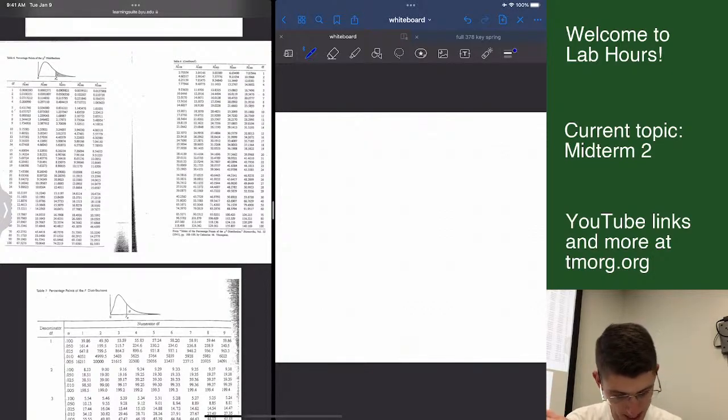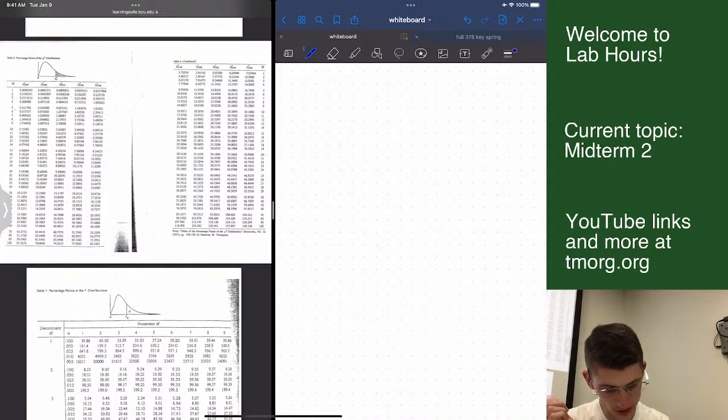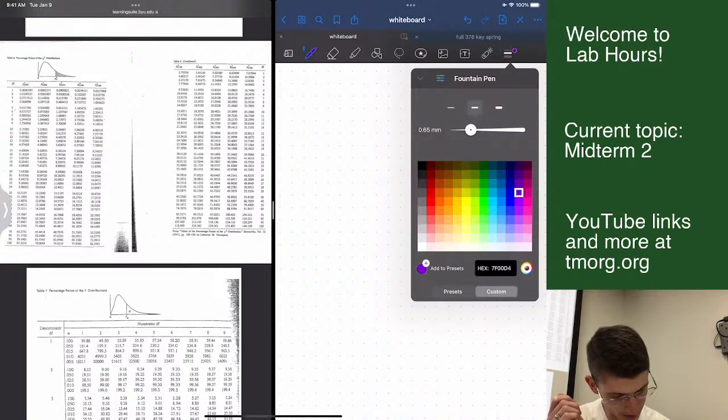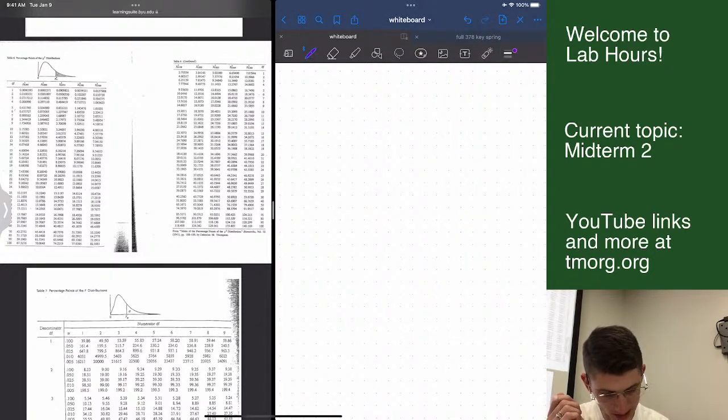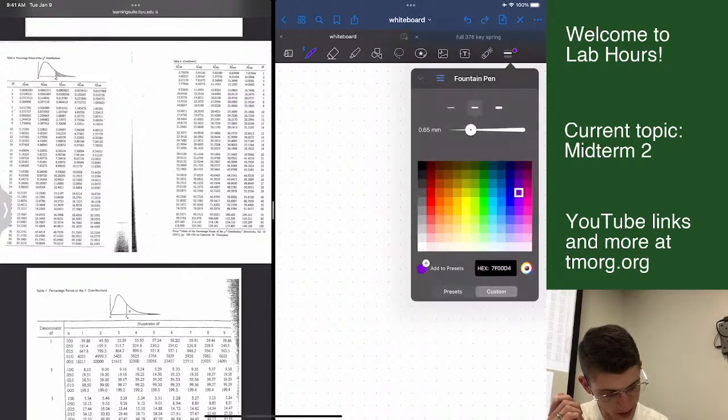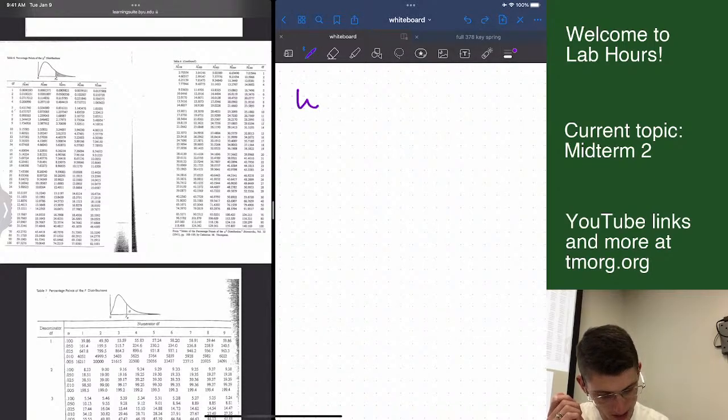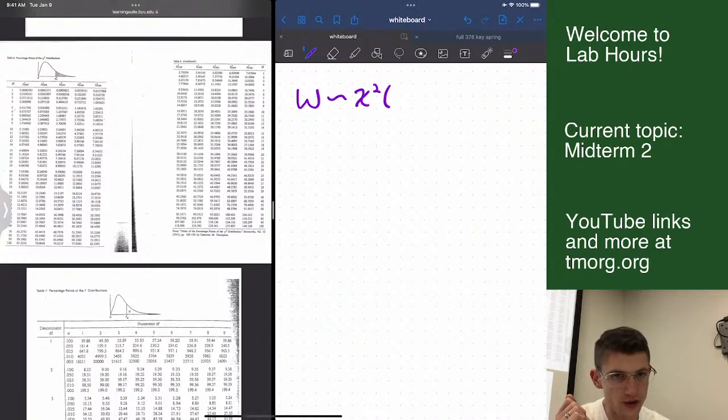Let's say, for example, let's use W again for no particular reason, and let's make it purple. Let's use a thicker pen. Let's say that W is a random variable and is distributed as a chi-squared random variable with degrees of freedom, let's say, how many degrees of freedom do you want? 32, maybe?